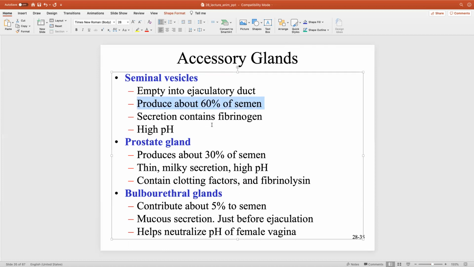And most importantly, its secretion contains fibrinogen. Yes, that same fibrinogen that we saw in the clotting factors cascade is also found as part of our seminal secretion. Why?